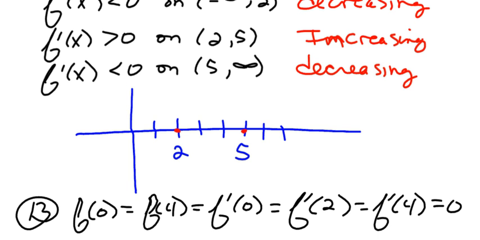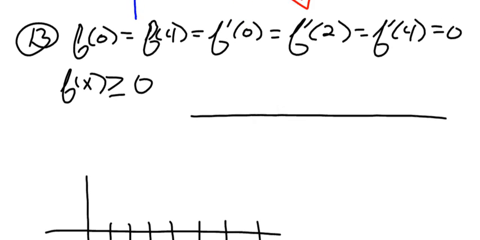I have to be decreasing, I have to be increasing, and at 5 I have to be decreasing. I could draw many, many ways as long as I followed those requirements, and I did. I was decreasing from negative infinity to 2. From 2 to 5 I was increasing, and then from 5 to infinity I'm decreasing. So I've sketched that one.